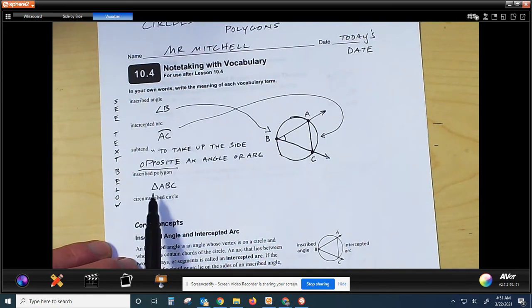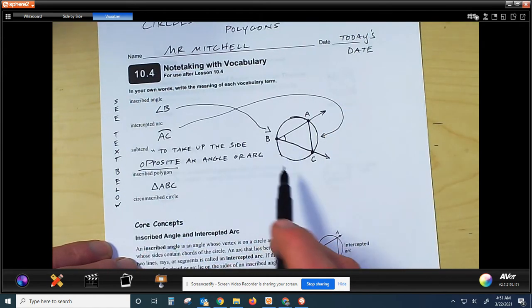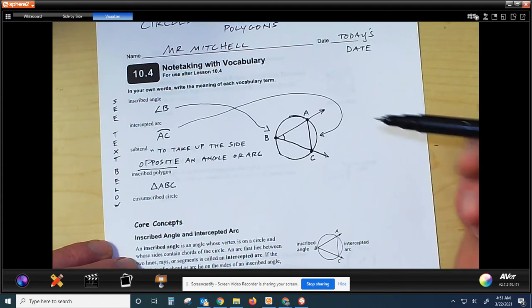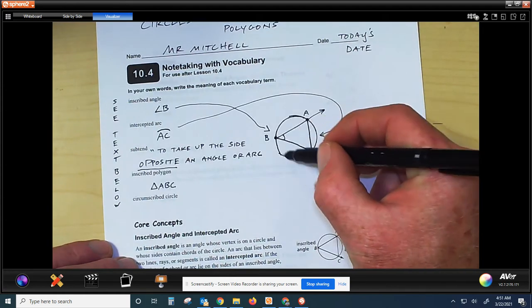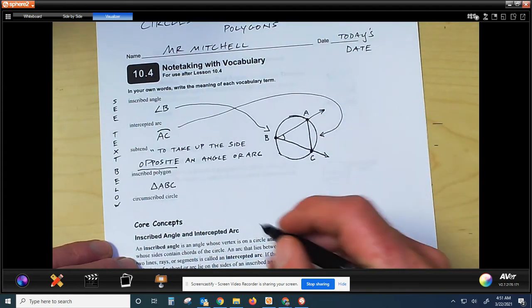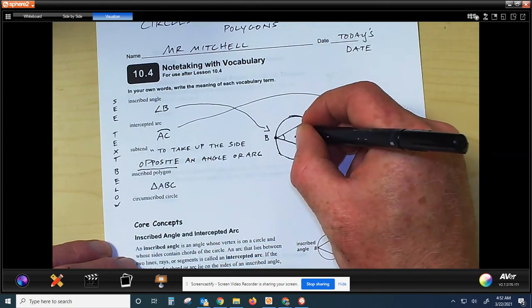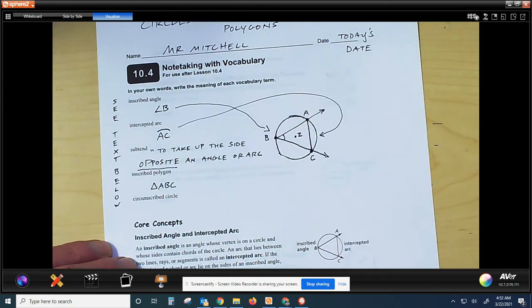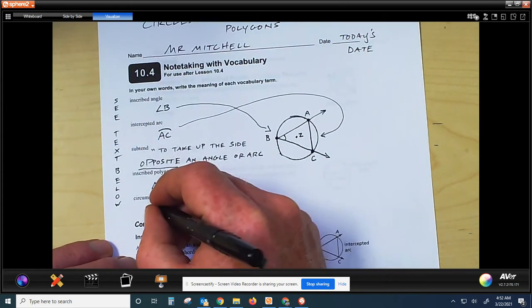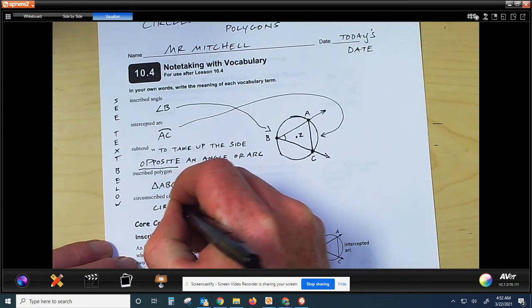So triangle ABC is inscribed. And then if we wanted to circumscribe a circle, we want to label this circle as something that is circumscribing a shape, going around the shape. We need a name, so I'm going to give this circle a point in the middle, and I'm going to call it circle Z.